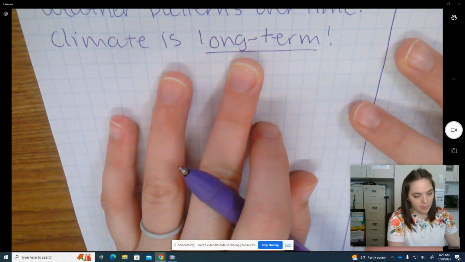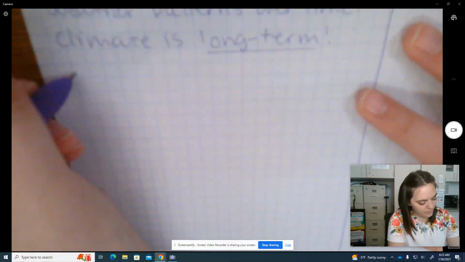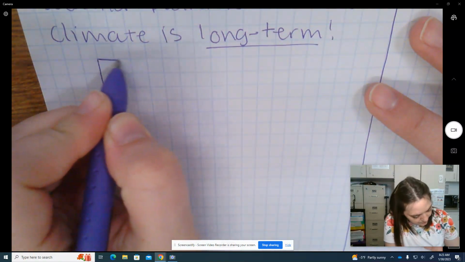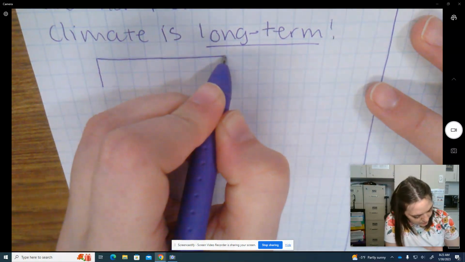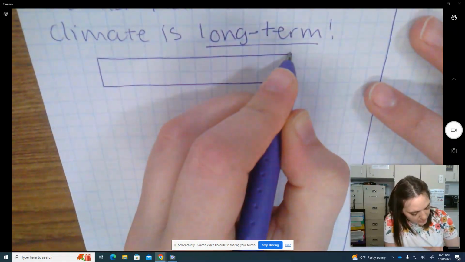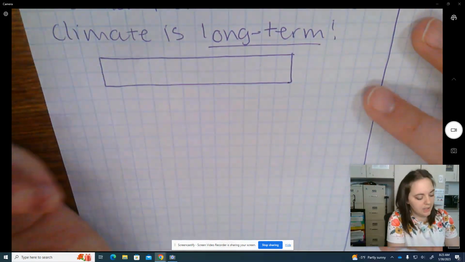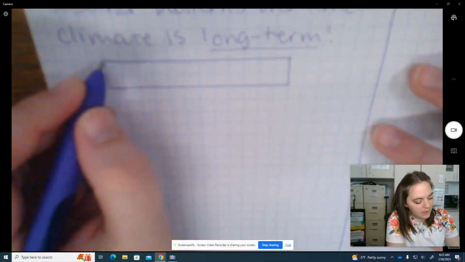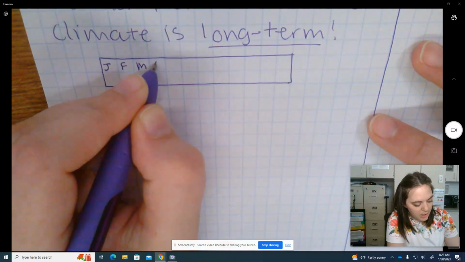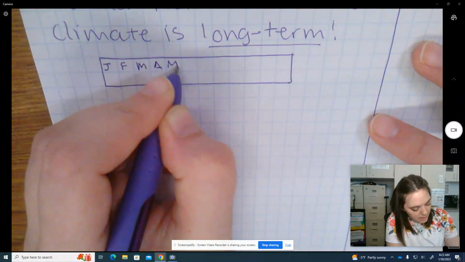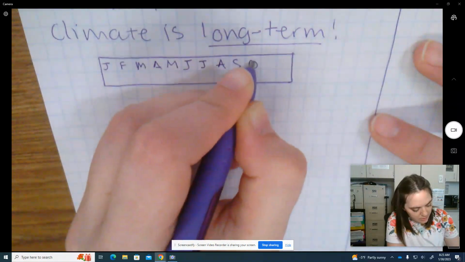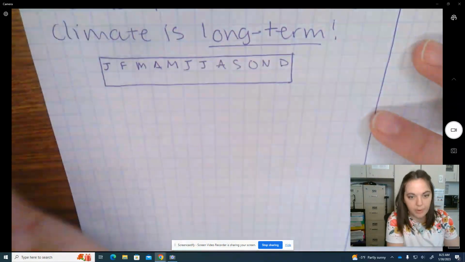So, for example, if we were to take the entire year, so you're going to draw a rectangle like this. You take an entire year, so January, February, March, April, May, June, July, August, September, October, November, and December.